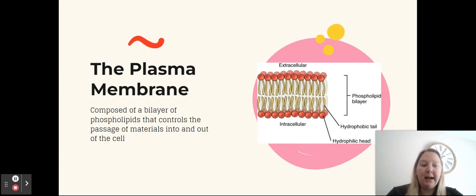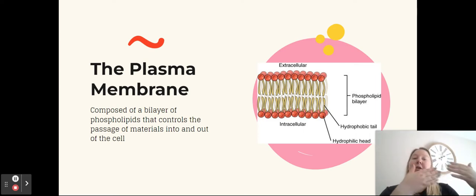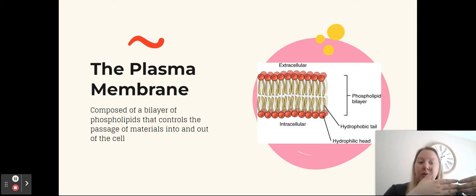That's because that oil is composed of a fatty acid. They do not like to interact with water, but our phosphate heads here on the outside are hydrophilic, meaning they are water loving. So they sit on the outside and the inside of the cell membrane. Put the fatty acid tails in the middle to protect those fatty acids from the water, but also to allow the interaction of water with the cell.